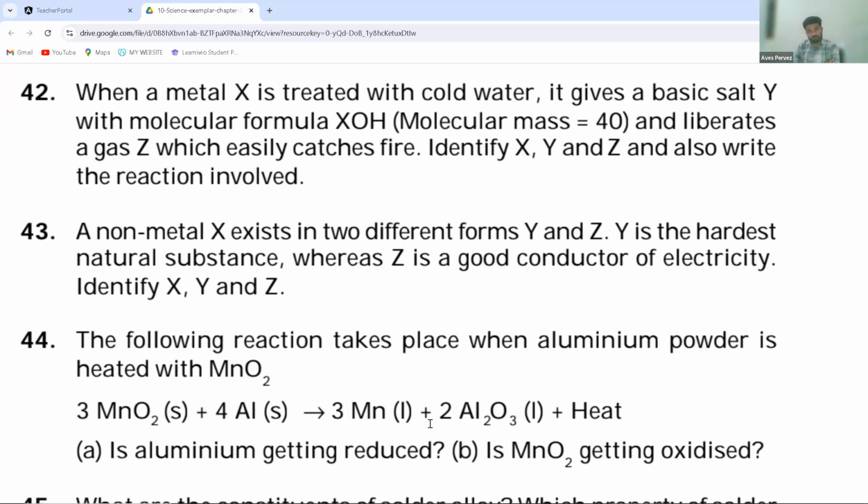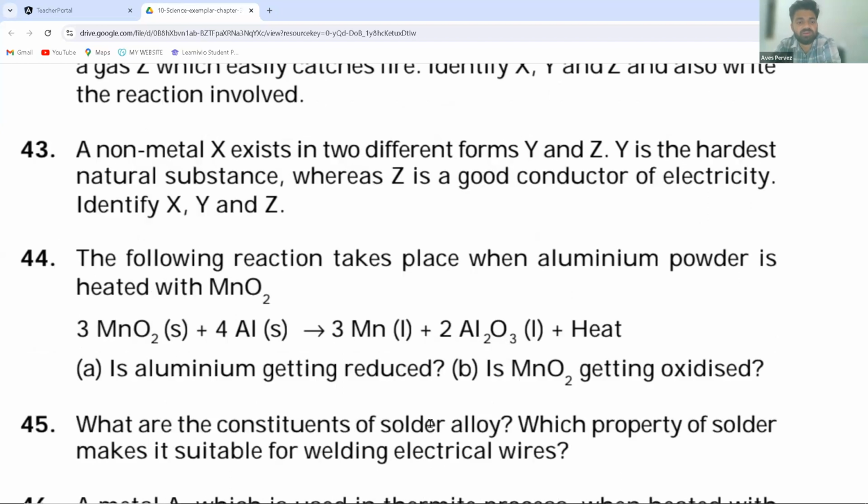What is X? I explained to you yesterday. I think it's diamond. X is carbon and Y is diamond. Okay. And Z is graphite. Okay.